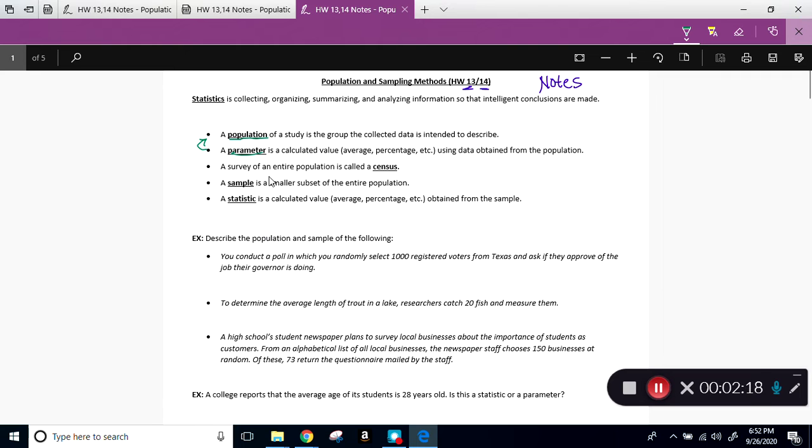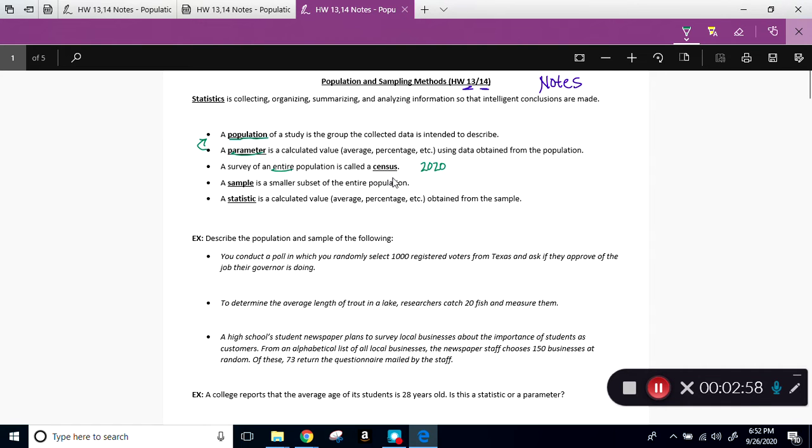Okay, a parameter is a calculated value, average, percentage, etc., using data obtained from the population. So parameter goes with population. A survey of an entire population is called a census. And we're actually having a census in 2020. Every 10 years, they try to interview or get information from every family in the U.S., really just to get a count of how many are in each household, and they use it in order to get additional funding for roads and that kind of thing.